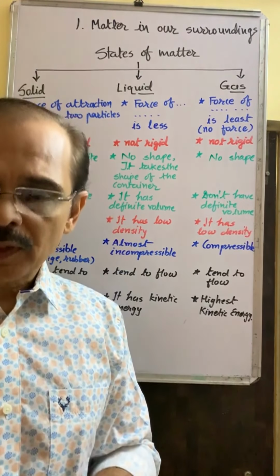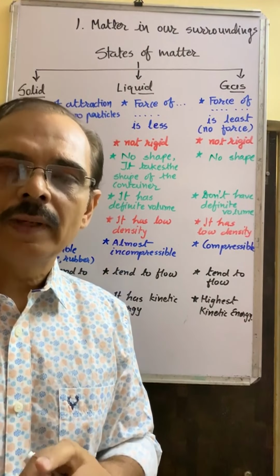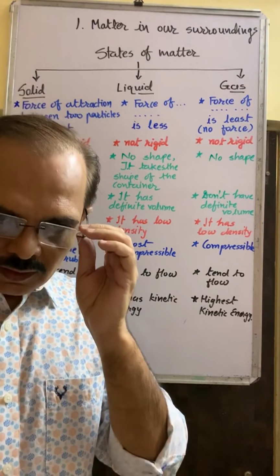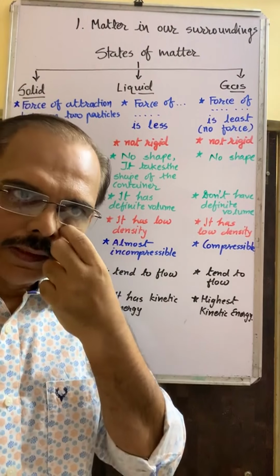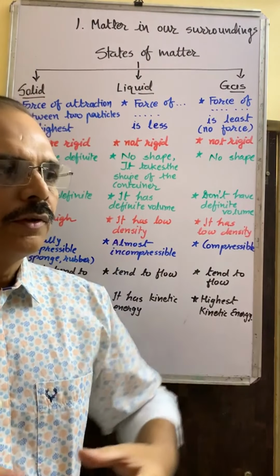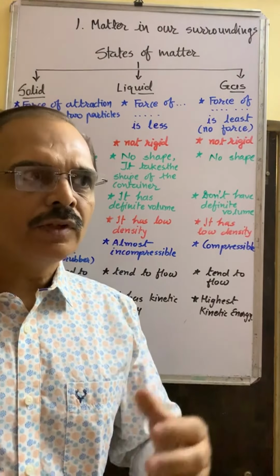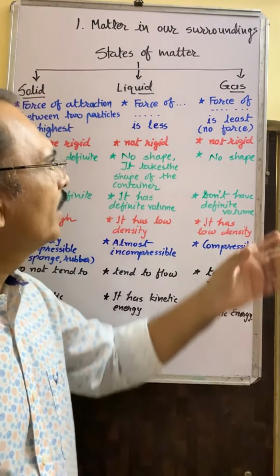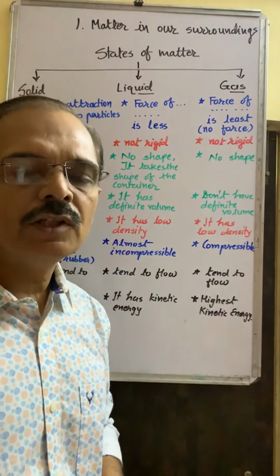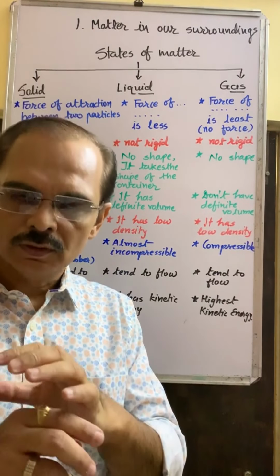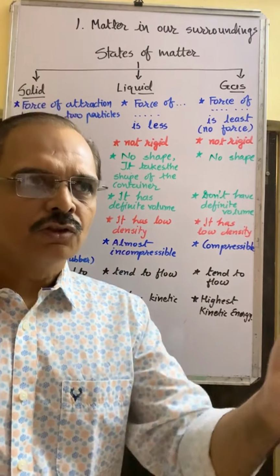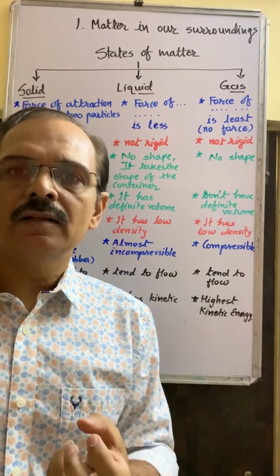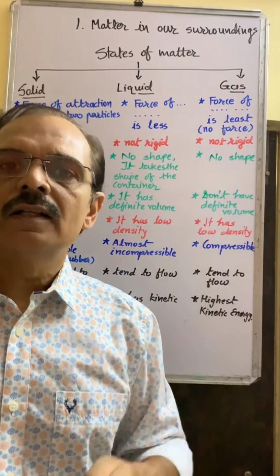For example, when you smell perfume, suppose a bottle of perfume is open, or someone used perfume on their clothes, then we can smell it from a far away distance. All this is because the force of attraction between two particles is less or no forces are there, so air can move. Through the air, perfume and its smell can move from one place to another place.